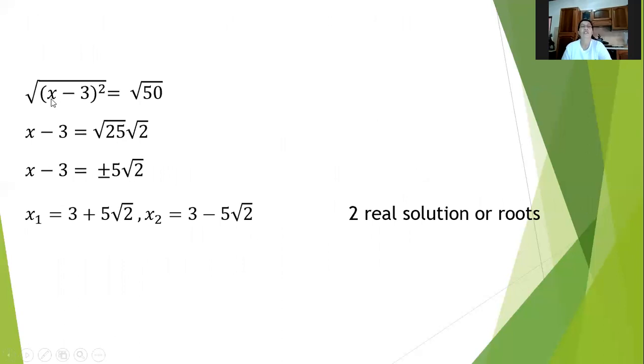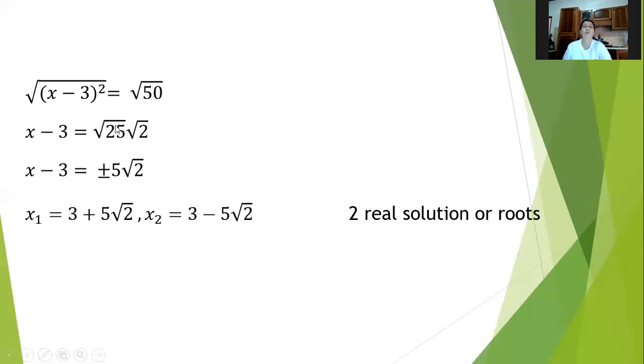The square root of x minus 3 quantity squared is x minus 3. Since 50 is not a perfect square, get the factors of 50. It is factorable by a perfect square, which is 25 times 2.